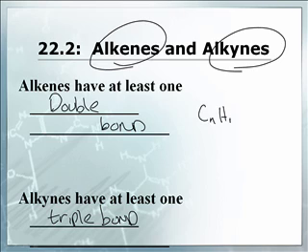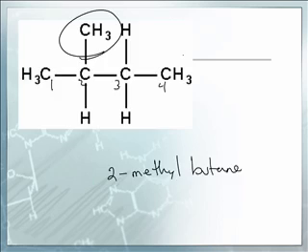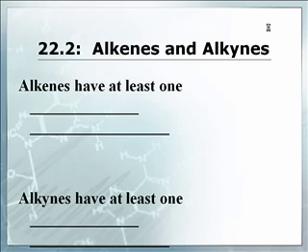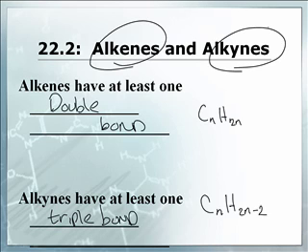Alkynes are CnH2n minus 2. And while we're at it, alkanes are CnH2n plus 2, where n is the number of carbons. Now, if they form a ring, it's a whole other ball of wax. But we're just doing straight chains.